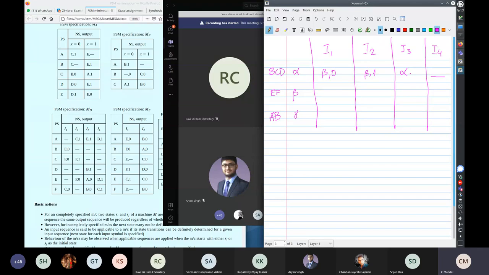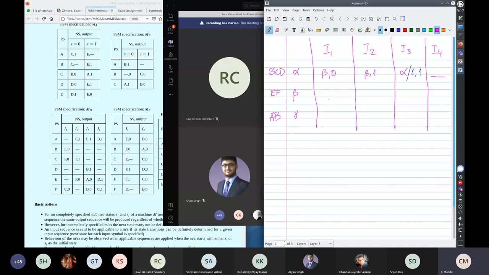You can keep it as alpha with an output of 1, or the other option is that you could also keep it as gamma. So alpha or gamma, and the output is always 1. All right, output is 1. So let us look at EF.